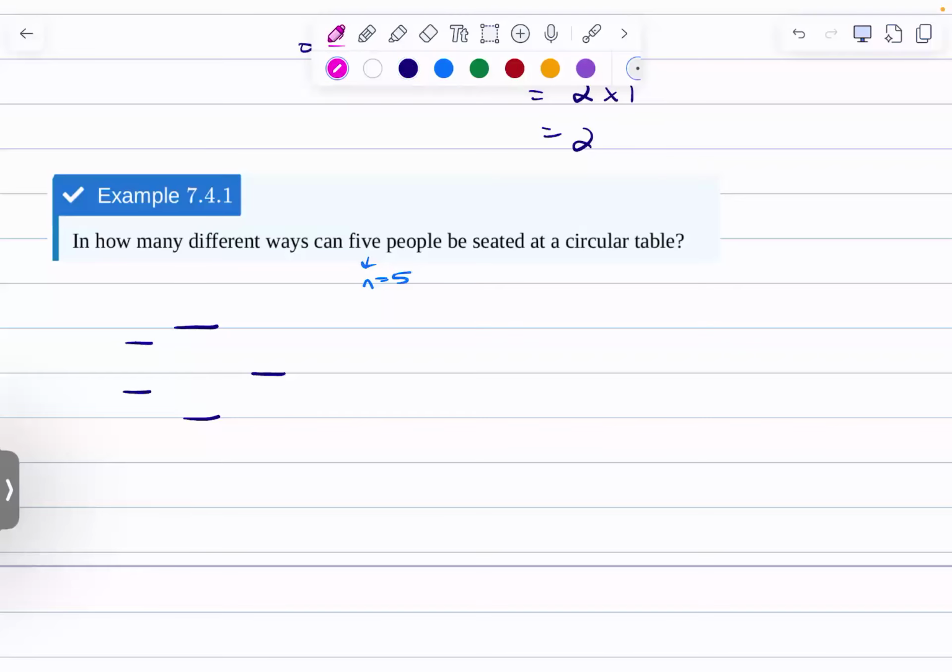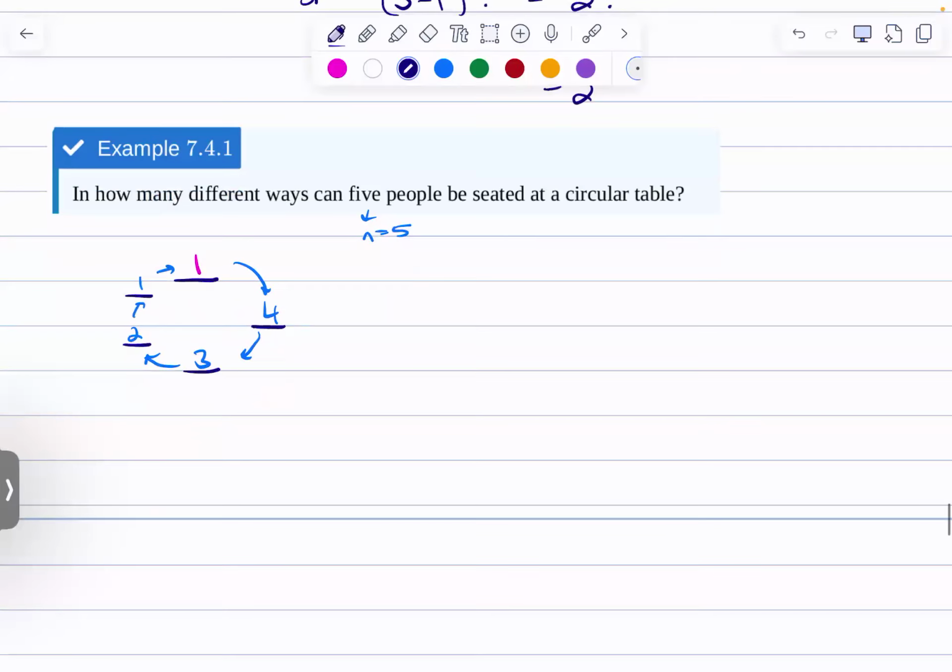That looks weird, but remember that for the first one, we just pick someone and force them to sit down. They're the placeholder, because it doesn't matter which way you twist this circle, it'll stay the same. And then I have 4, 3, 2, 1 to choose from, which would be 1 times 4 times 3 times 2 times 1.